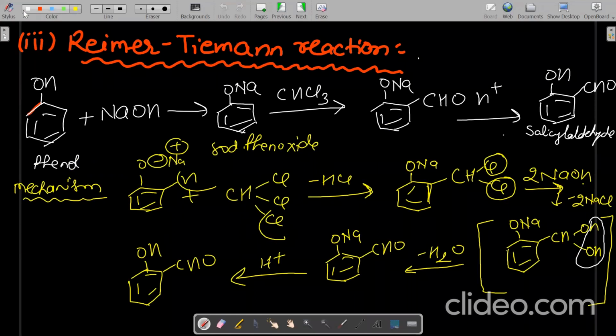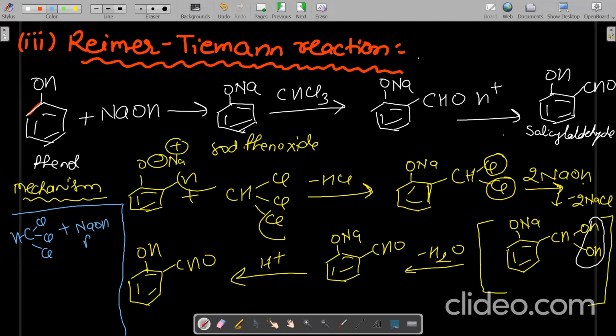I did not mention it in this case. In this reaction, the nucleophile is actually, okay, I can show at this side only. In the Reimer-Tiemann reaction, this chloroform, CHCl3, first reacts with sodium hydroxide.